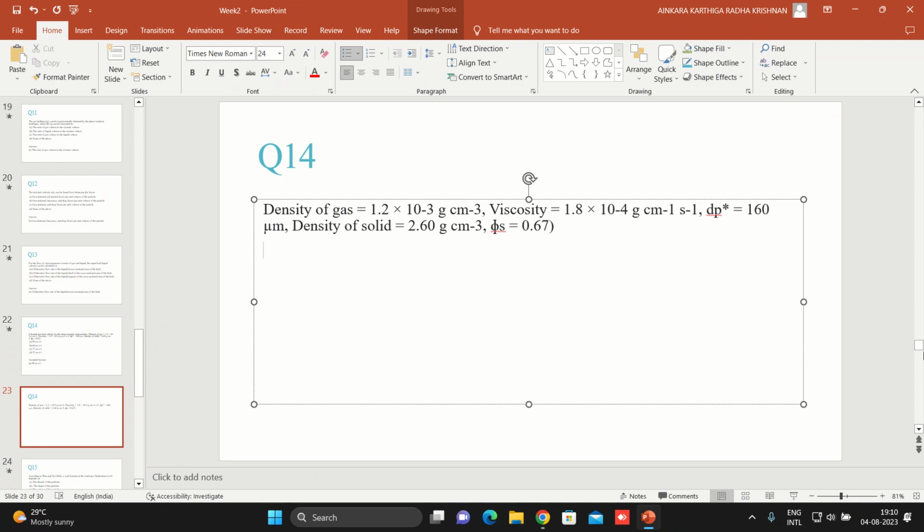So actually we are asked to determine the terminal velocity. Ut is given by, for example, consider this as a laminar regime.